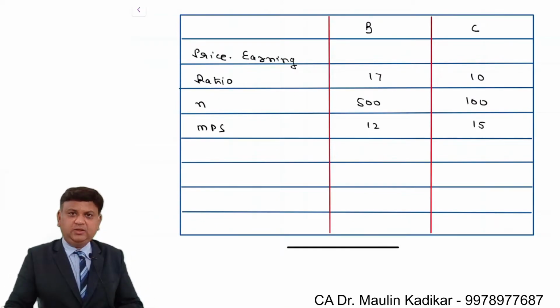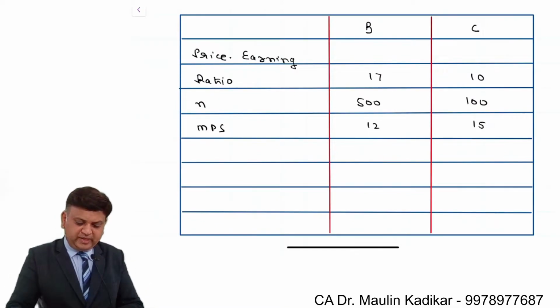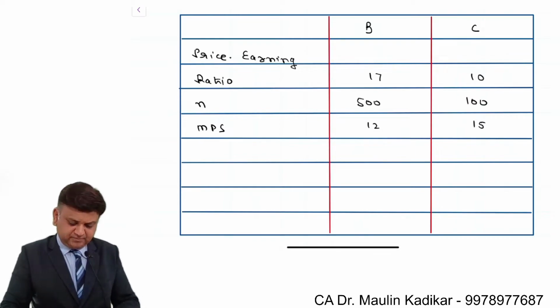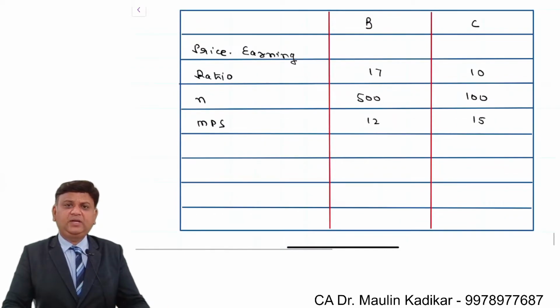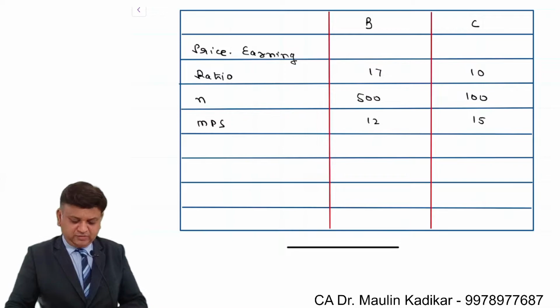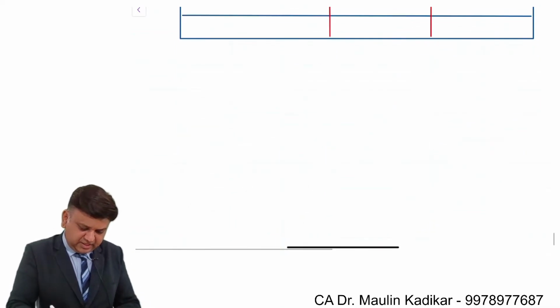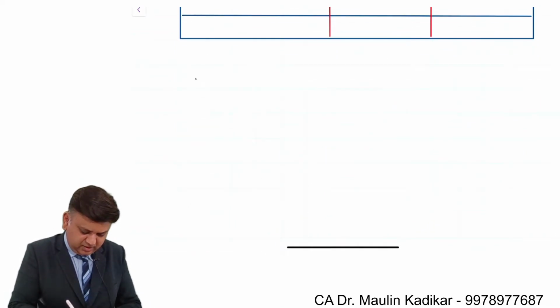So friends, over here we have to make the calculation of the answer something like this. We have not been provided with the earning information directly, but it is provided indirectly. So we can make the calculation in this way. I request all of you to write down the answer along with me.